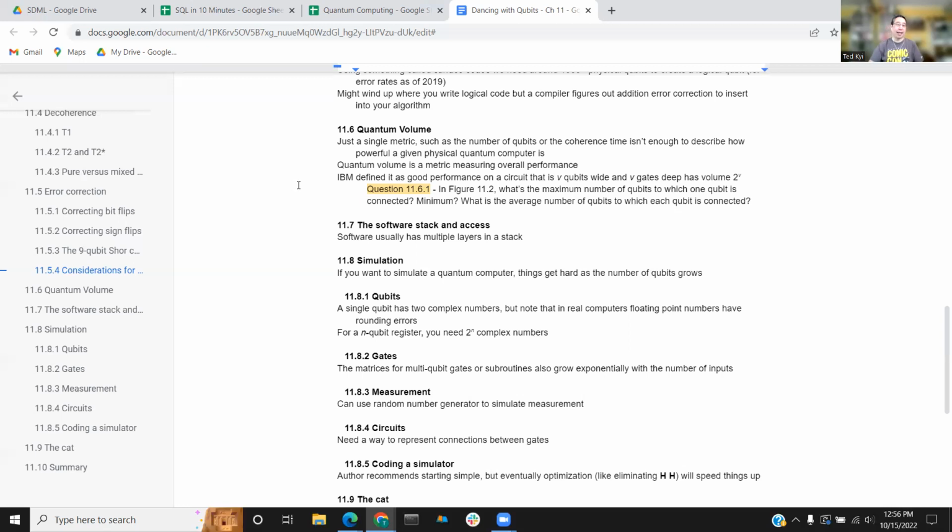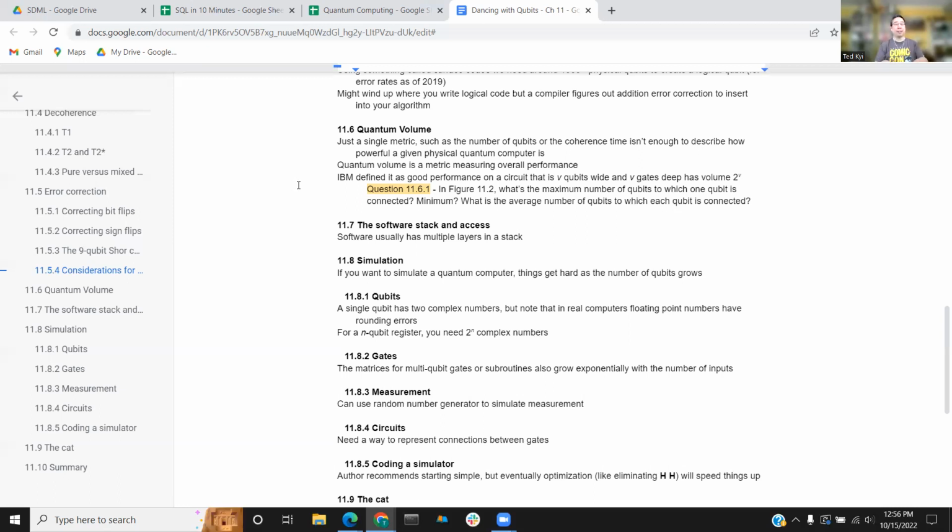But they say that IBM said, it's a little hand wavy to me, but if you can get really good performance on a circuit that's V qubits wide and V gates deep, then we'll say that you qualify as having quantum volume 2 to the V. So if you can build a circuit that's 4 qubits and 4 gates deep, then you get to claim a volume of 16.